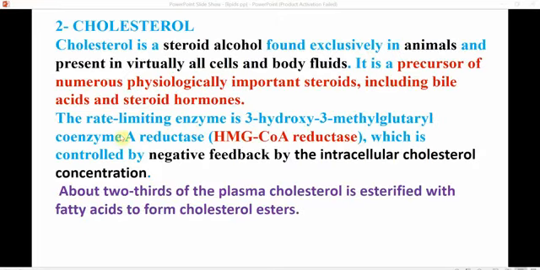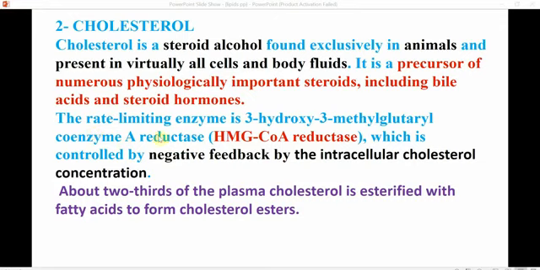The second important type of lipids in the human body is cholesterol, which is a steroidal alcohol found exclusively in animals and present in almost all cells and body fluids. It is important because it is a precursor of several physiologically important steroids, including the bile acids and salts and the steroidal hormones.